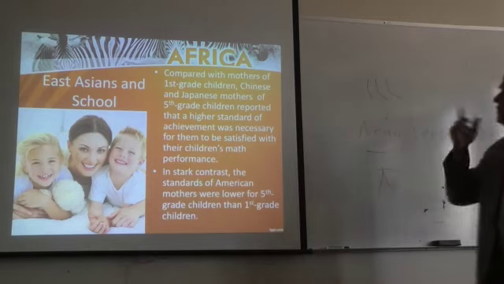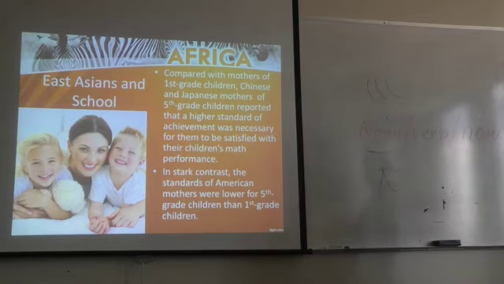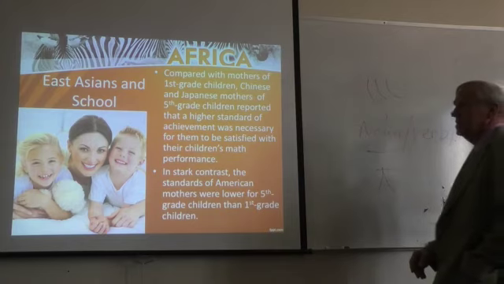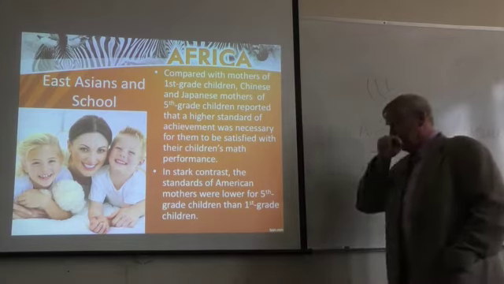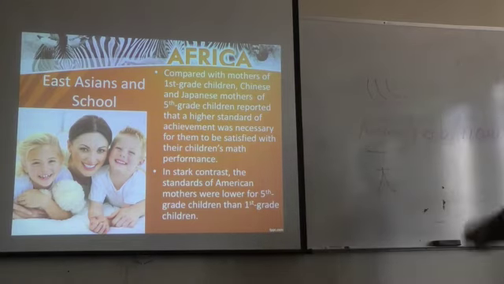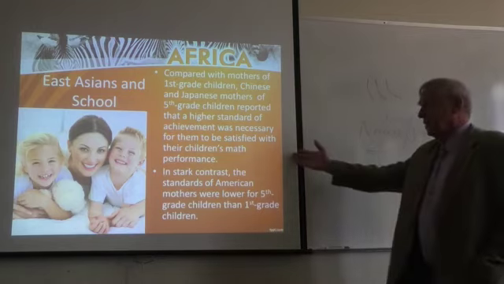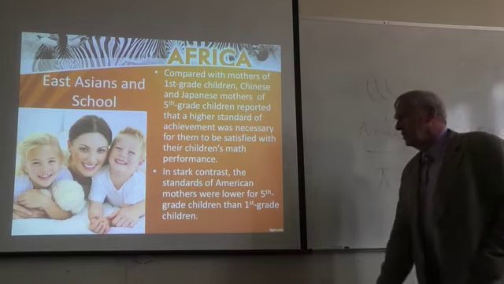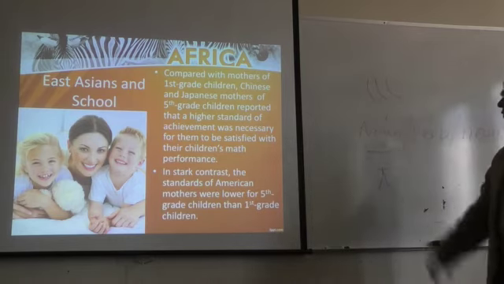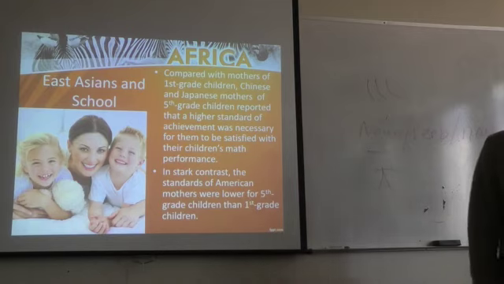Compared with mothers of first grade children, Chinese and Japanese mothers of fifth grade children reported that a higher standard of achievement was necessary for them to be satisfied with their children's math performance. So even success wasn't success as far as they were concerned. In stark contrast, the standards of American mothers were lower for fifth grade children than for their first grade children.